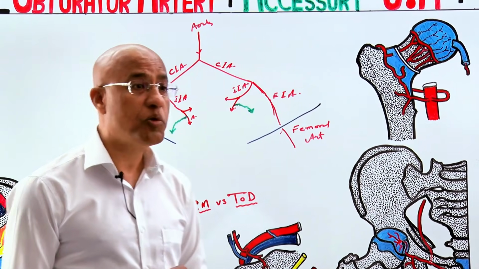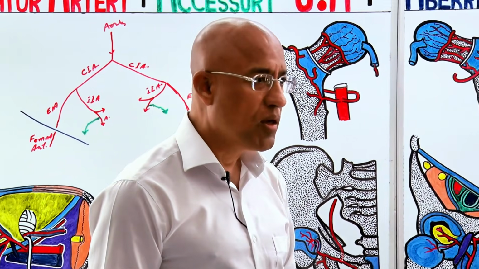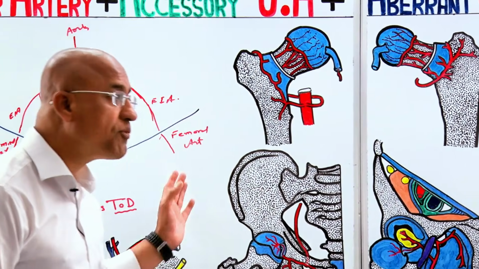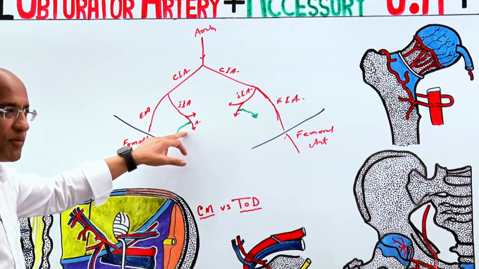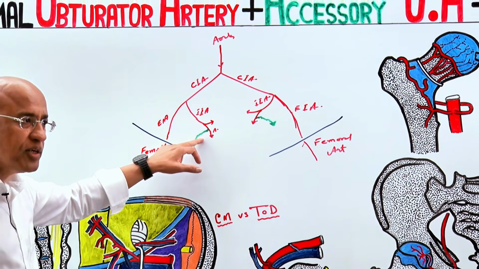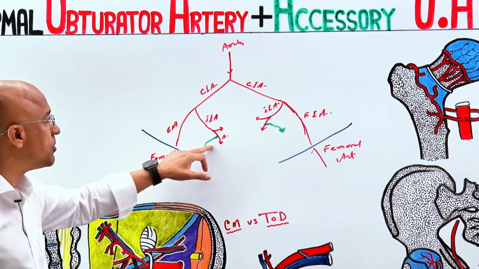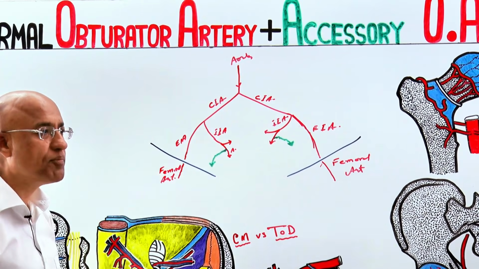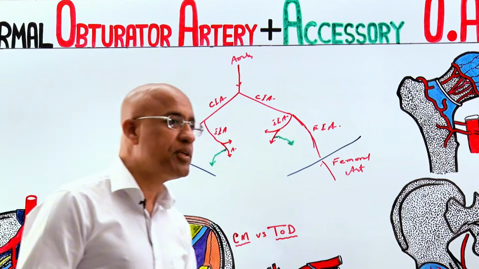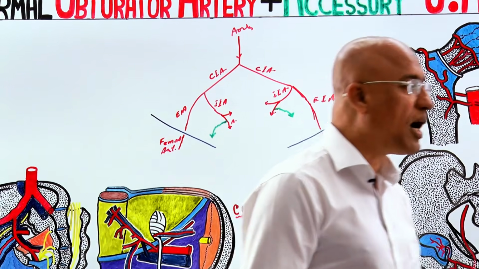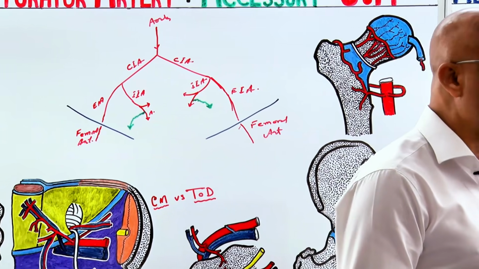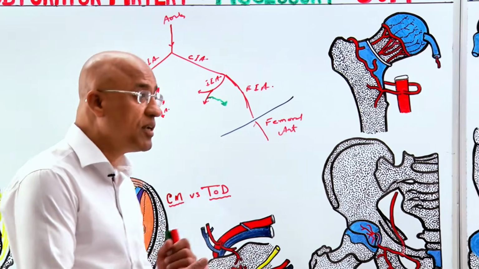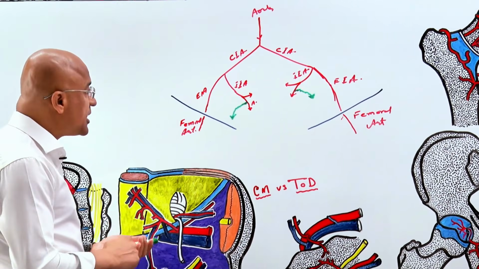It means almost 30% of the population, almost every third or fourth person, has the origin of this artery from somewhere else, not from its typical place, not taking origin from the internal iliac system. Rather, in every third or fourth person, this artery shows a variant in its origin.